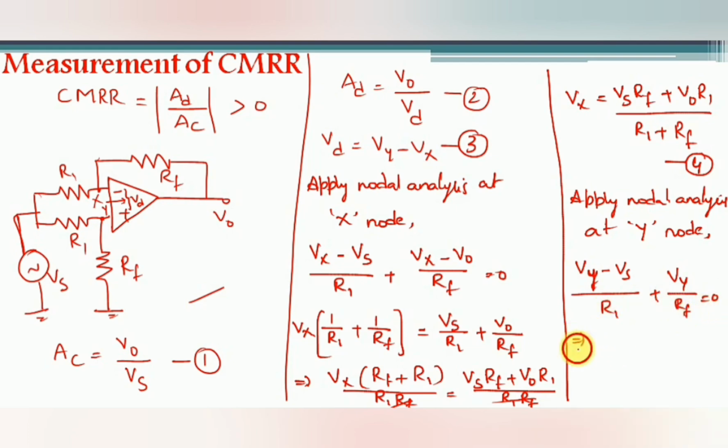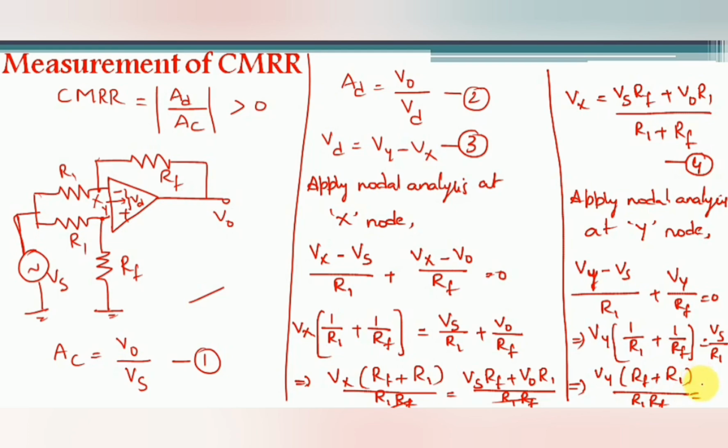Now take the common Vy. So if I take the common, Vy into 1 by R1 plus 1 by Rf is equal to Vs by R1. Now take the LCM, then it is Vy into Rf plus R1 by R1 Rf, which is equal to Vs by R1. Now R1 gets cancelled.